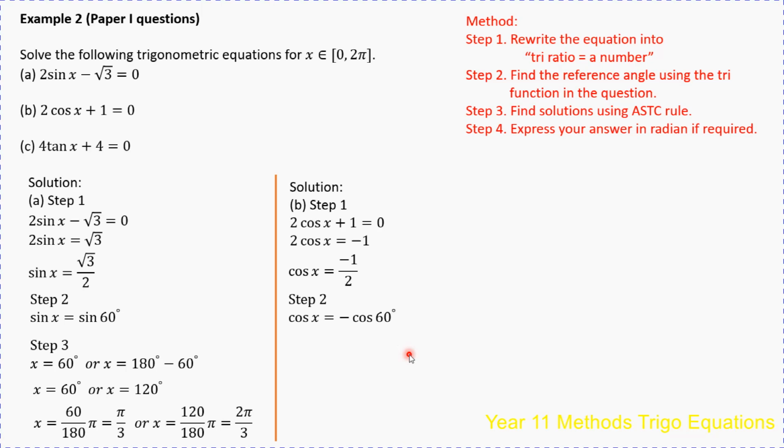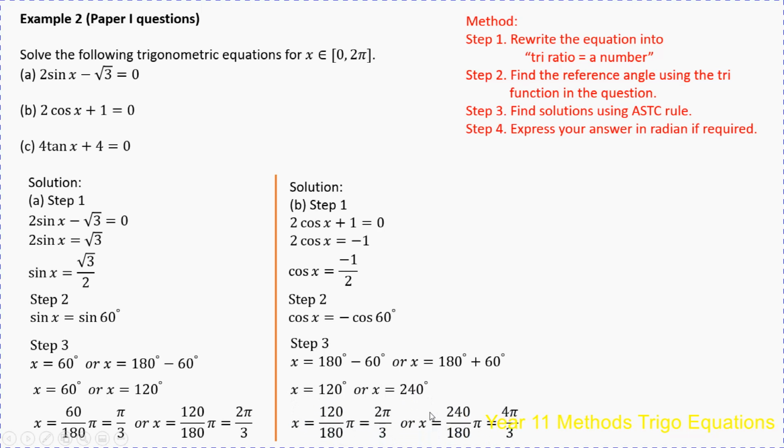And which quadrant? Cosine being negative, it must be second and third. The second quadrant should be 120 degrees. The third quadrant should be 180 plus 60, which is 240 degrees. So one is 180 degrees minus 60, the other 180 plus 60 degrees. And that would be 120 degrees or 240 degrees, converting them into radians.